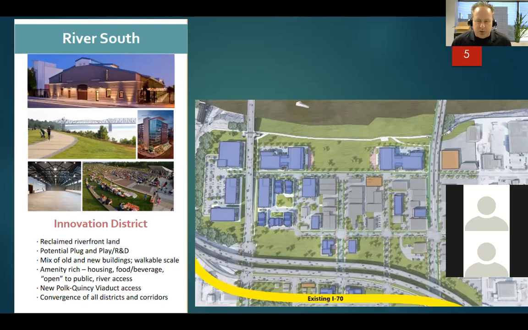There will be new Polk Quincy viaduct access for this area when that project is completed. This district's really the convergence of all the districts and corridors. So most of the new construction here is targeted for those lands along the river. So turning that land into a more productive or better use for this area and for downtown.